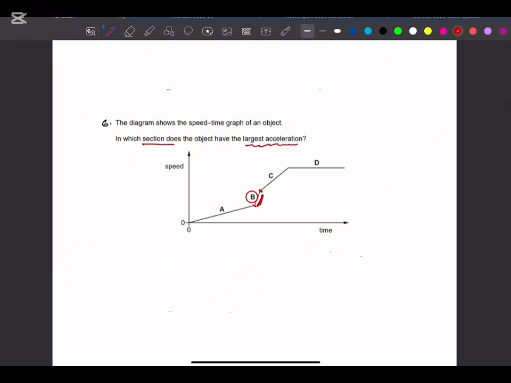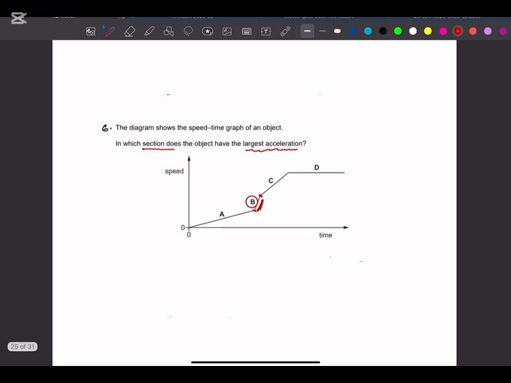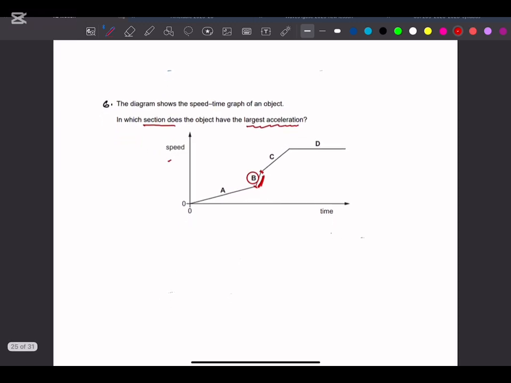So you have to recall from where we can get the values of acceleration in case of the speed time graph. Obviously, here you have speed as the dependent quantity and time as the independent quantity. So you have taken time along the x-axis and speed along the y-axis. So this is how you are getting all this information.